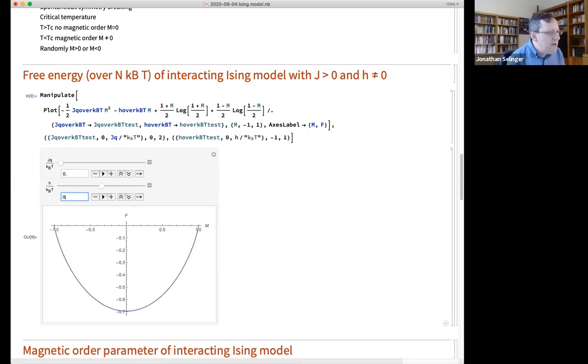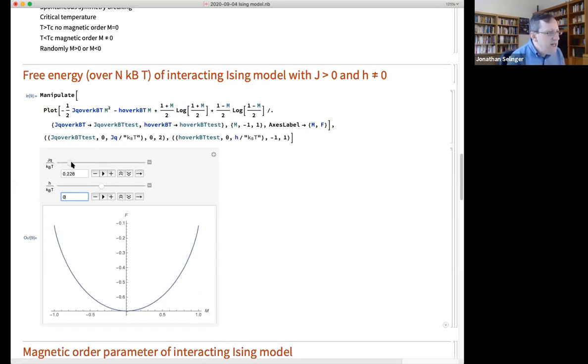Now, what if we go back to zero field? If I reduce the interaction strength or increase the temperature, here we see this splitting of the single minimum into two minima.